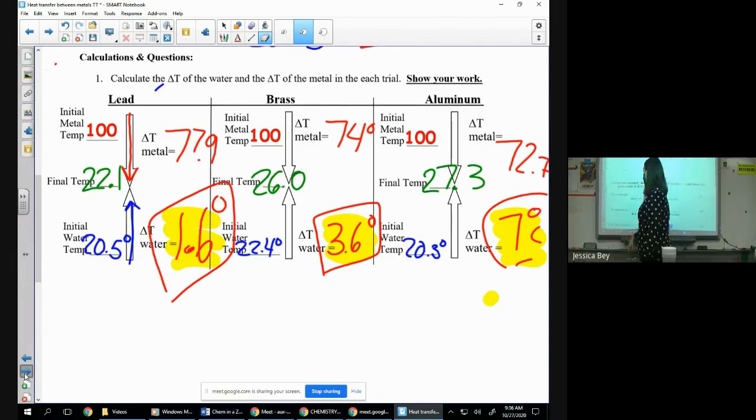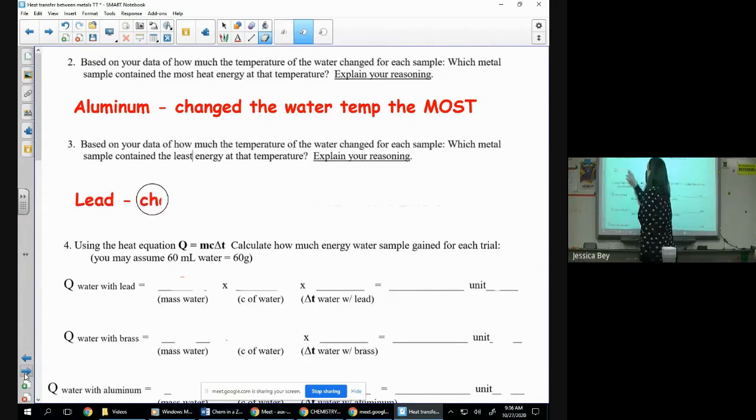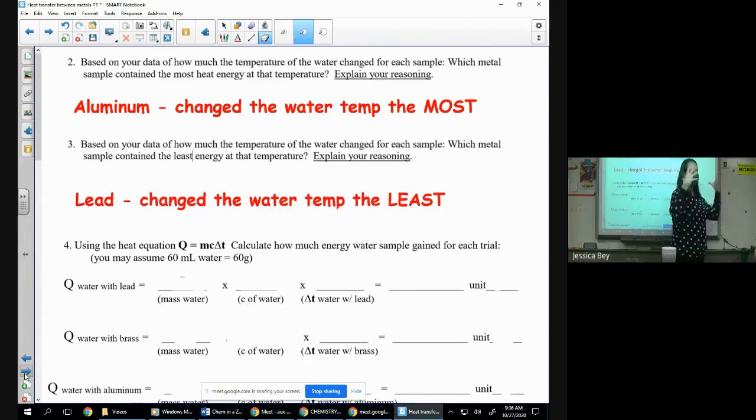Perfect. Very good. Okay, you guys are thinking what thermal energy means. That is perfect. Now, we are going to calculate how much energy each of these gave to the water. So we're going to do some Q calculations here.